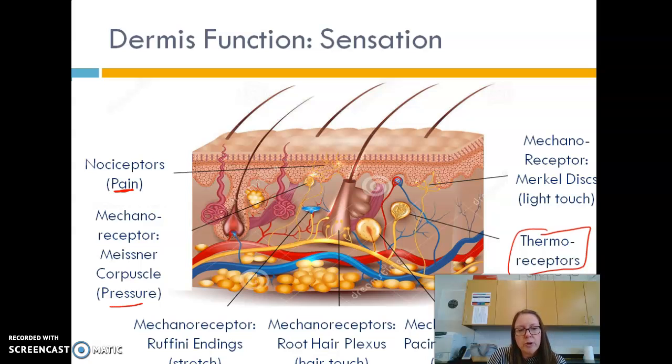There are different corpuscles that sense deep pressure versus very light touch versus vibrations versus stretch. And even in our hairs, we can sense changes in position as well. So there are mechanoreceptors that are very specialized in lots of different types of sensation. And so that's the dermis.